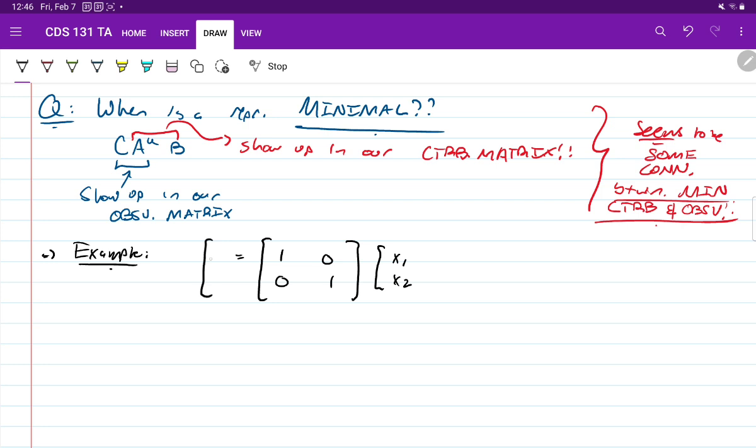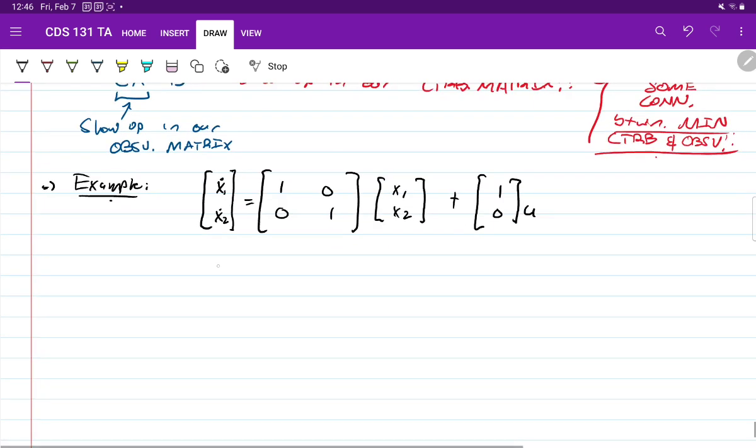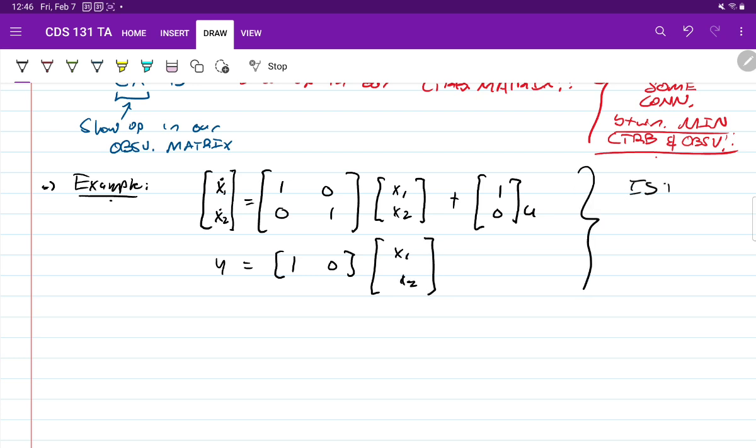Sure, I'll just write out the full state over here: x1 dot, x2 dot equals that, plus [1; 0] times u. And then let me take y equals [1, 0] times x1, x2. And my question is, is this minimal? Take a moment to think about it, okay?